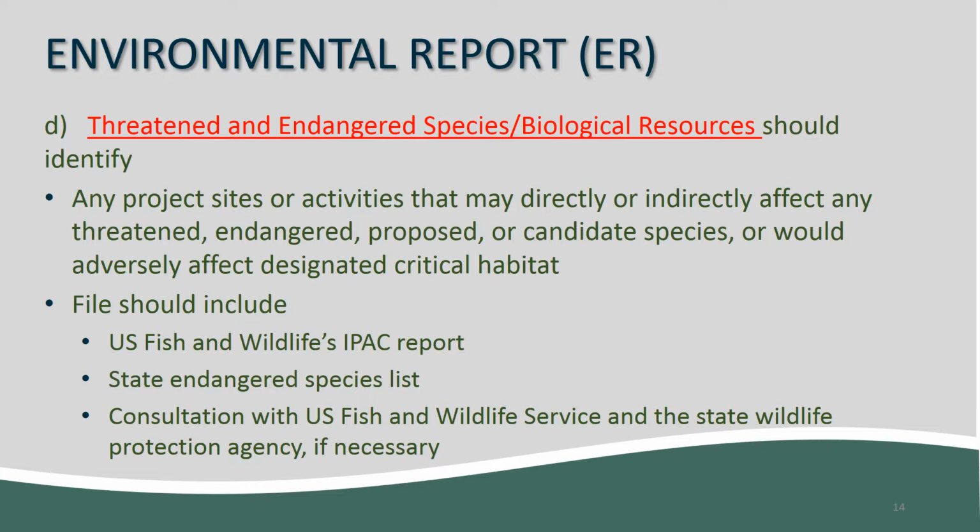For this, the easiest way to do it is to go to U.S. Fish and Wildlife, IPaC, put in your project and where it's going to be, and it will come up with a list of species that you could be impacting. You're also going to want to go to your state agency. They should have a list of state endangered and threatened species as well.